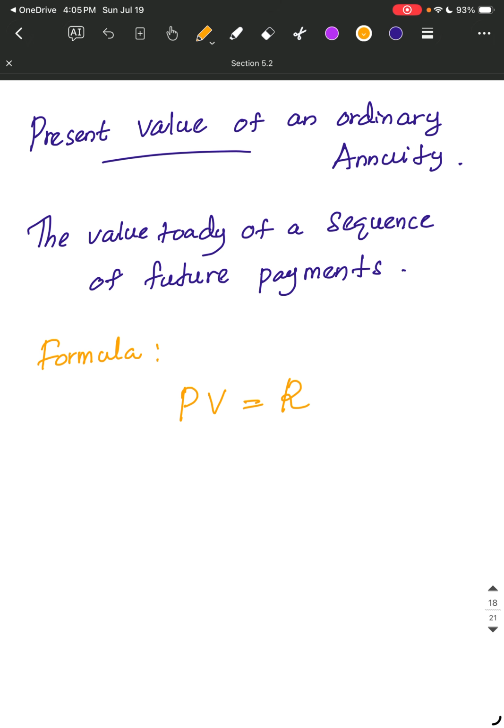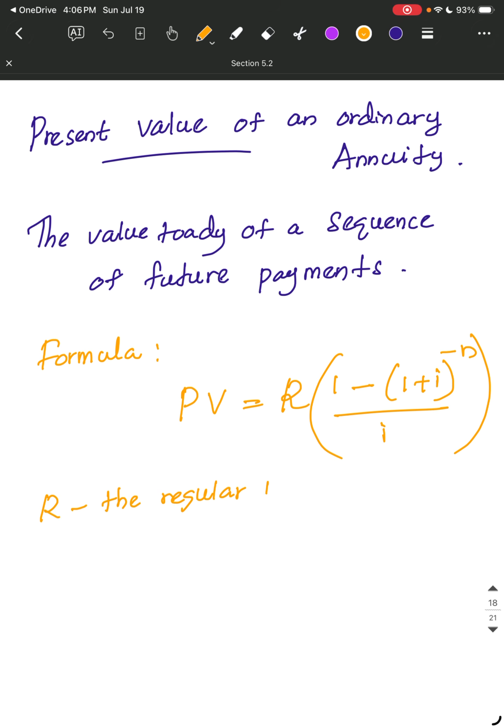Here R is the regular payment, i is again r over m, the interest rate per period, n is the number of payments, again m times t.